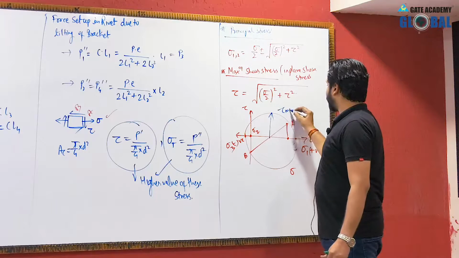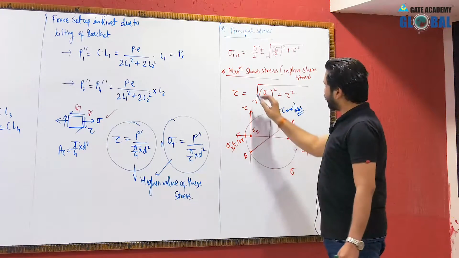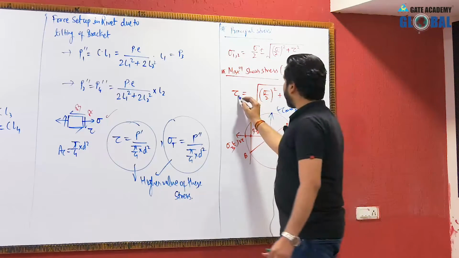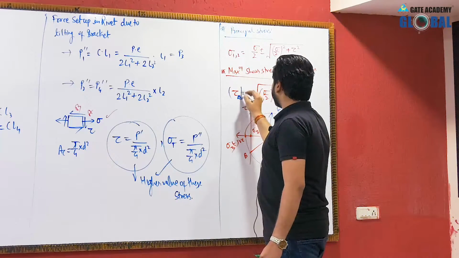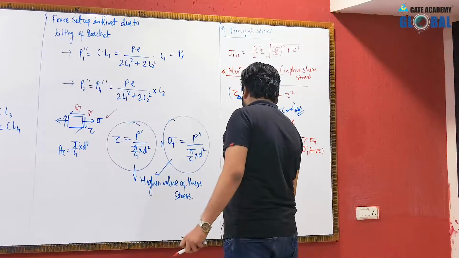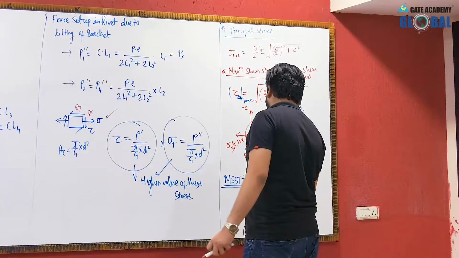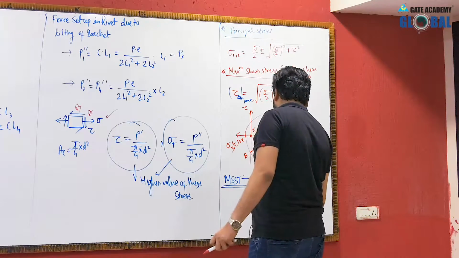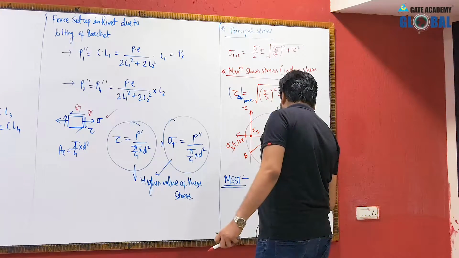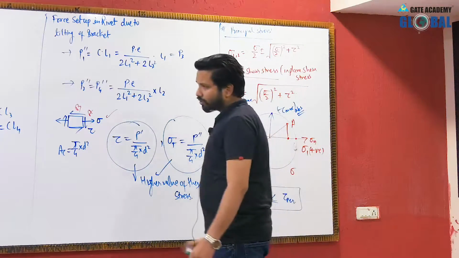So from this relation it is proved that you will be getting tau max absolute. Now, if you are using maximum shear stress theory, tau max should be less than or equal to tau permissible, and hence you will be able to solve the problem.